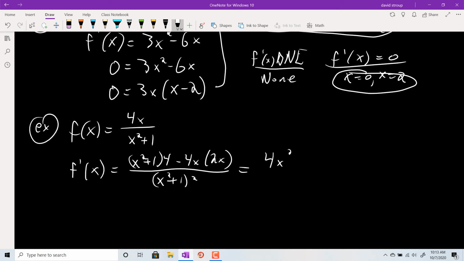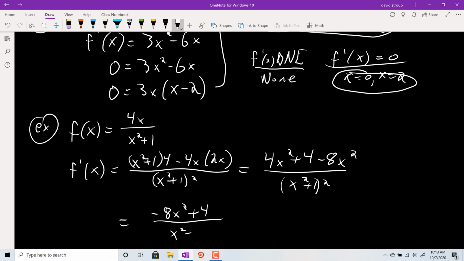So it'll be 4x squared plus 4 minus 8x squared, all over x squared plus 1 squared. Then we can simplify, so I have negative 8x squared plus 4 all over x squared plus 1 squared.